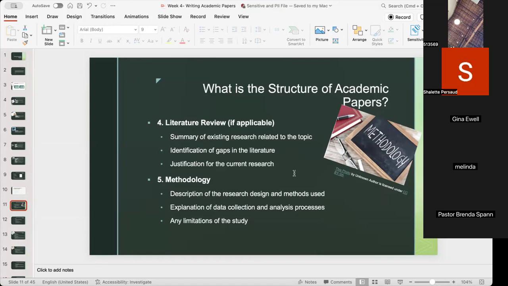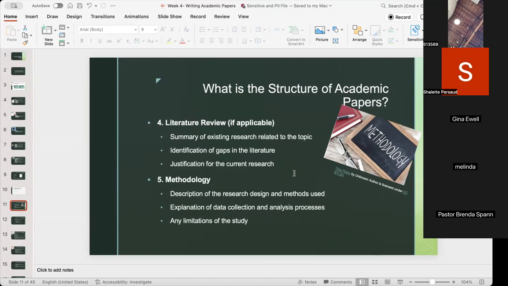And also it helps to justify the research that you are using in your paper. The methodology. So this is a description of the research that you're doing, and the steps that you have taken or used to get to results for the topic that you're discussing.